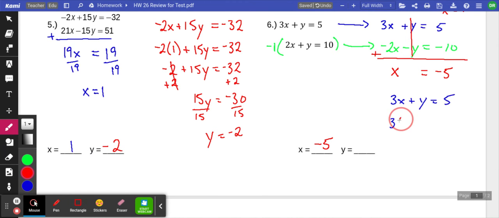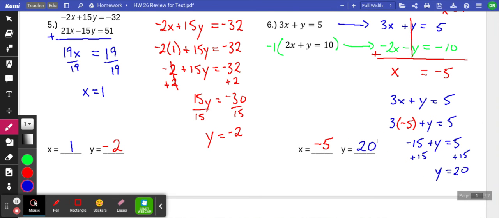So switch out x with this value of negative 5, and now the equation would say 3 times negative 5 plus y equals 5, which will give us negative 15 plus y equals 5. Add 15 on both sides, and y is equal to 20. And that is it for number 6.